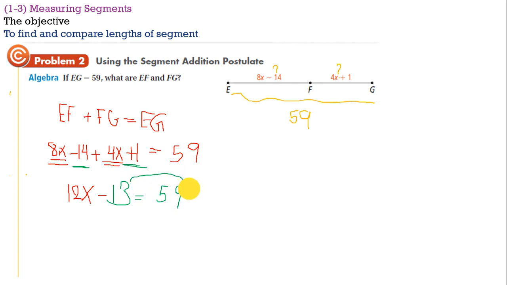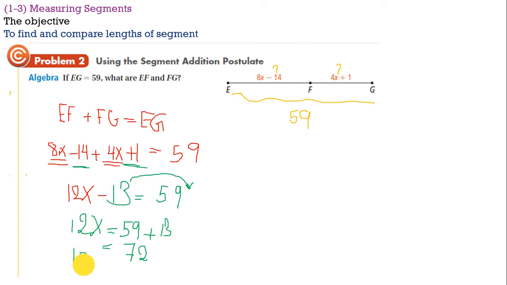Just move negative 13 to the other side. So that will be 12x equals 59 plus 13. Add them together to get 72.